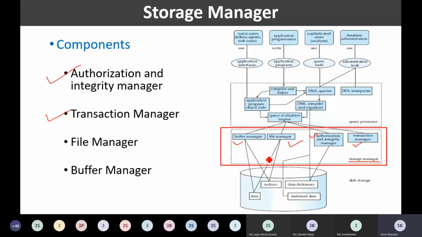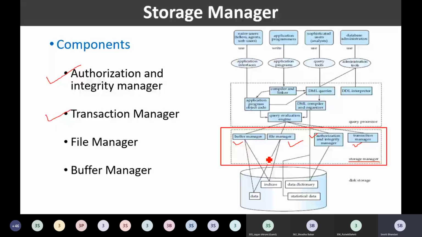So despite any kind of failure, my database system must ensure that the data stored in my system always remains in a consistent state.